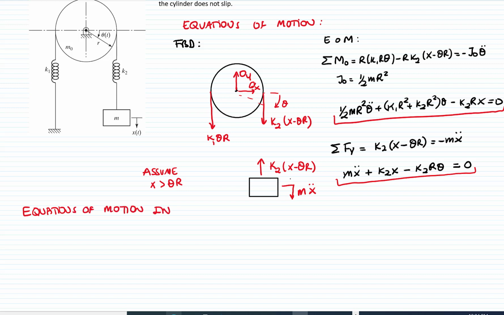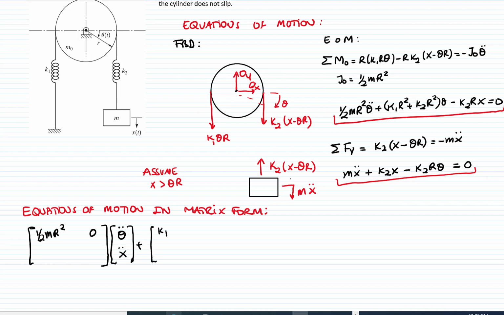Now, let's write the equations of motion in matrix form. Mass matrix, which is then 1/2 m r squared, that multiplies theta double dot, and then I have 0 multiplied by x double dot. Then the stiffness matrix, the first term will be k1 r squared plus k2 r squared, that multiplies theta, and I have negative k2 r that multiplies x.